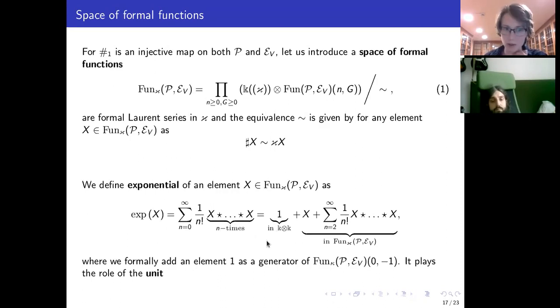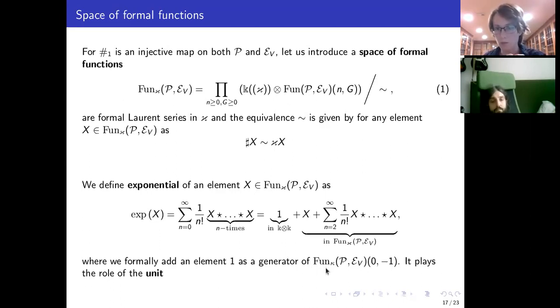But modular operads, because of the stability condition, don't have anything like 1. So we formally add here the element 1 as a generator. And when we add it into the component n equals 0 and big G equal to -1, it will really act as the unit for all our operations.